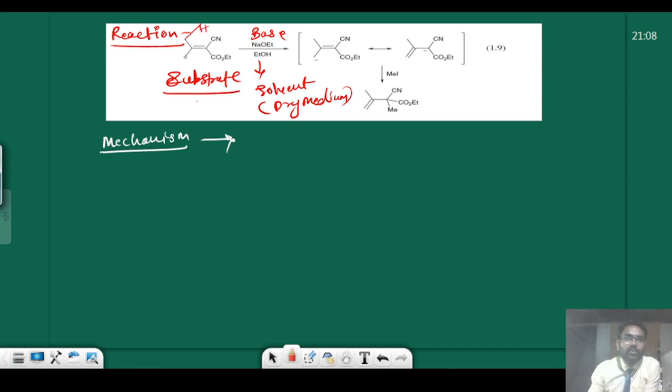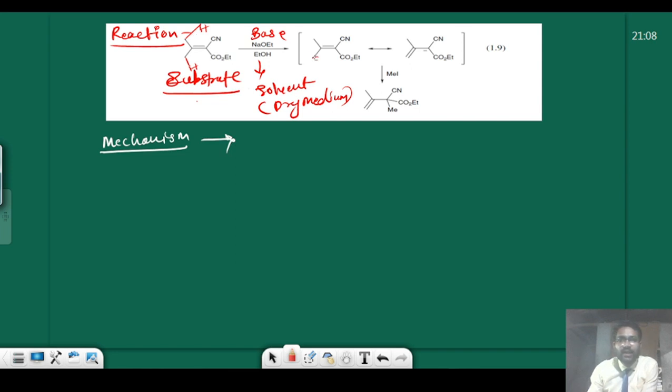This is one acidic proton, and this is also an acidic site. So here 3 acidic protons are present. The base will abstract a proton from one of the two sides, and because both sides are symmetrical in nature, it will take one proton, and there is a formation of an anion system.